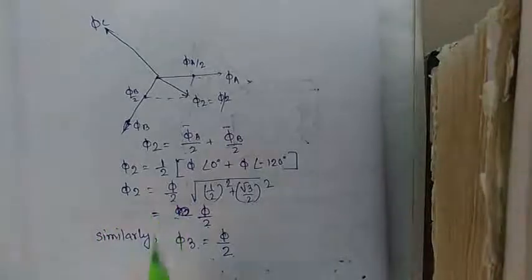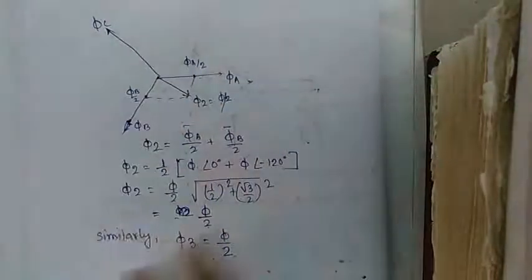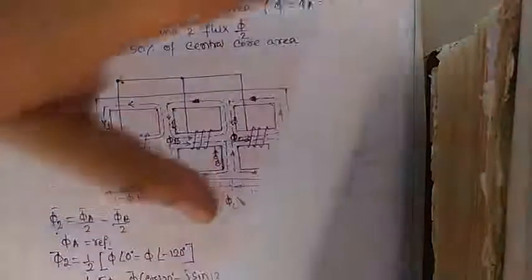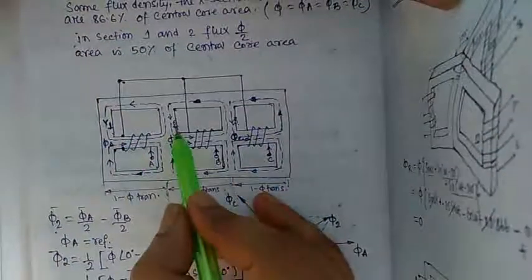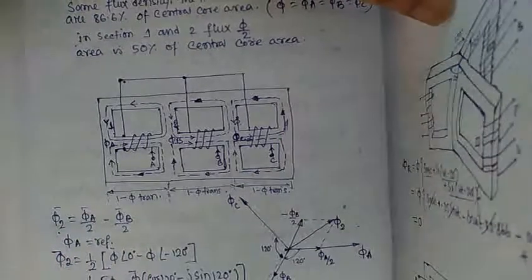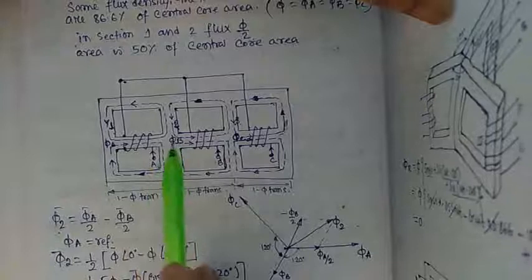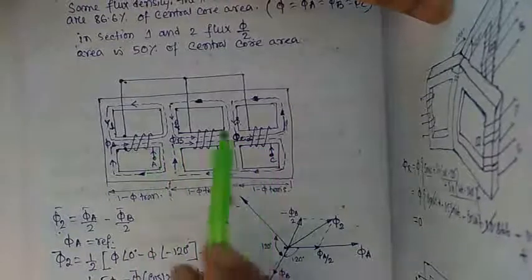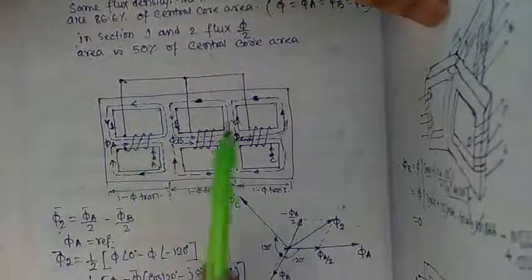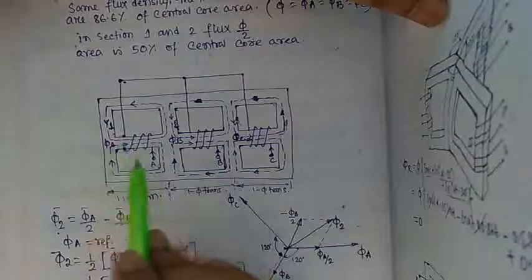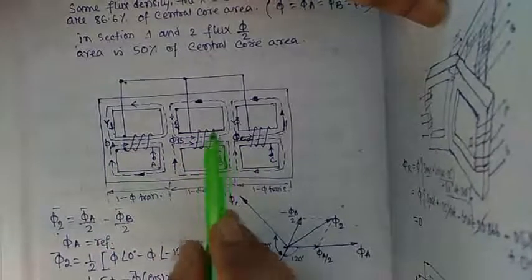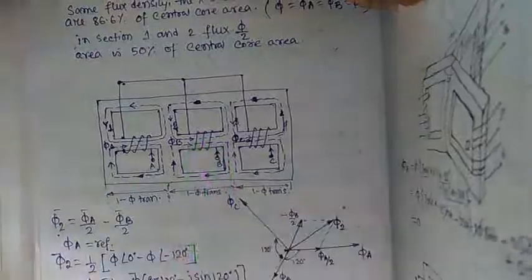Thus, while winding B is wound in the reverse direction, the areas of construction at mark 1, mark 2, mark 3 and mark 4 are the same, and equal to half of the central limb area.